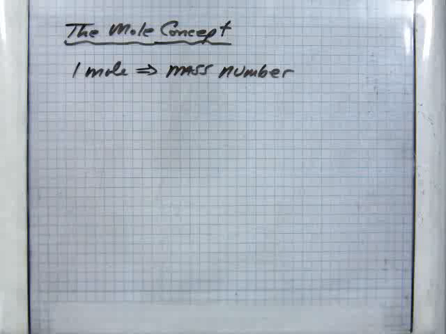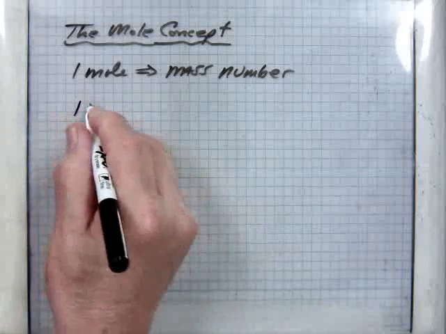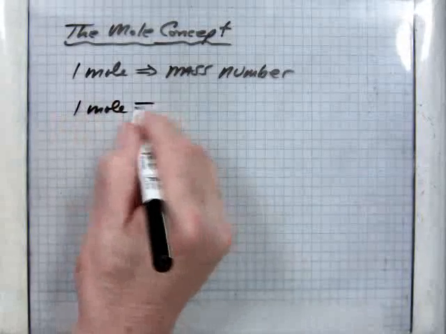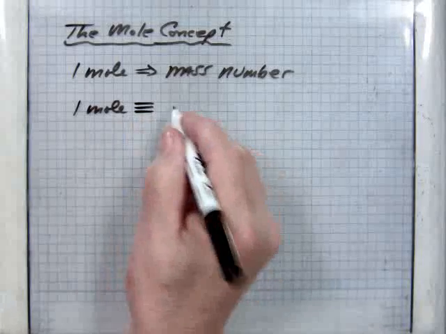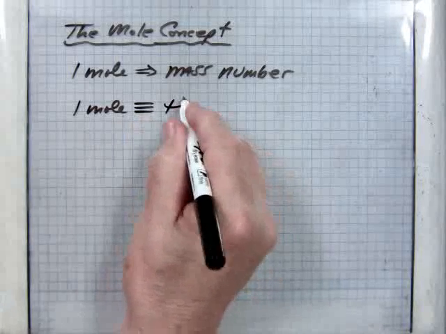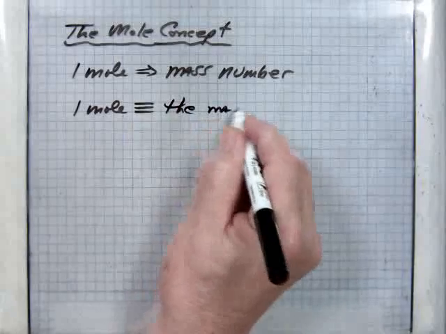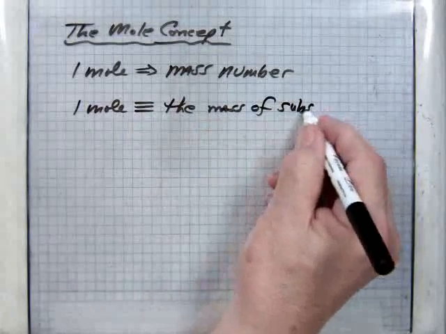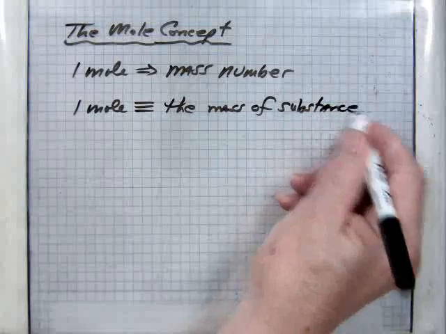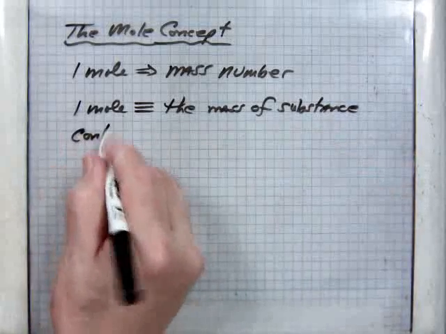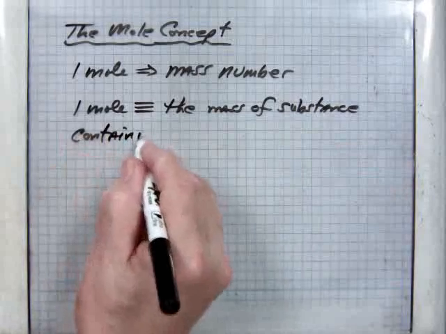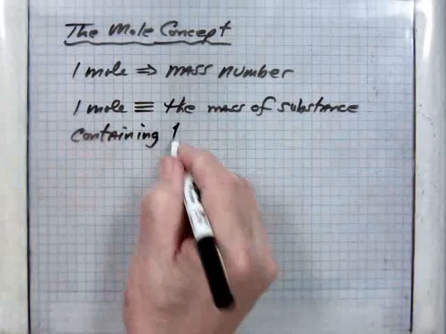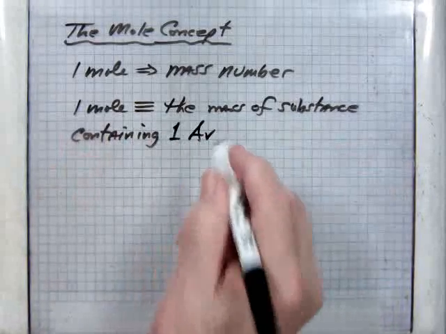Well, there is a number standard that relates to moles, and that is 1 mole, by definition, is the mass of substance containing 1 Avogadro's number of particles.